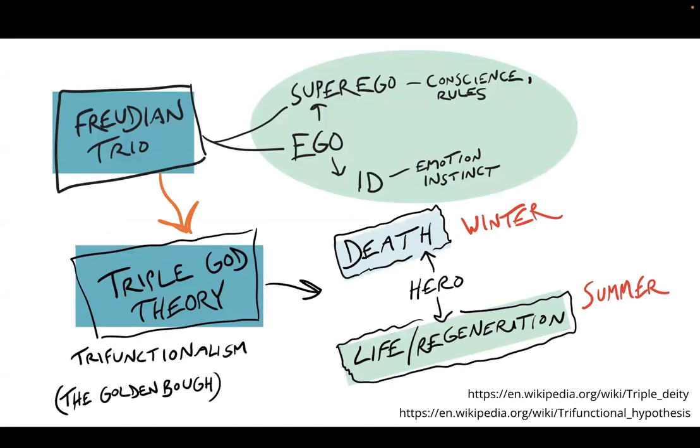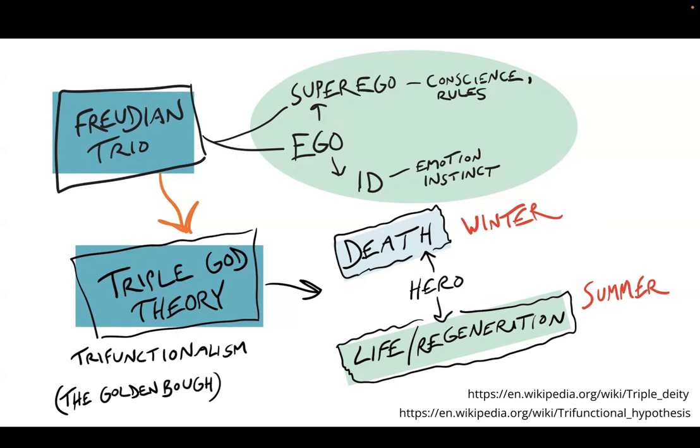Okay, there's a little bit more about the Freudian trio. It's still used in, for instance, Star Trek. The Freudian trio is supposed to be one character, but in storytelling we can divide it into 3.